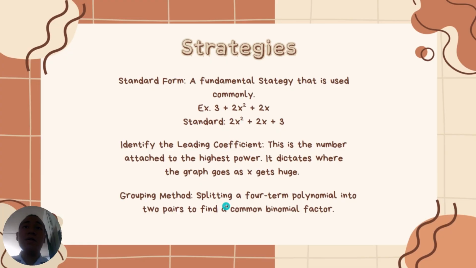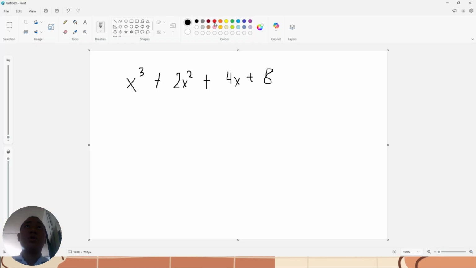It says here, splitting a 4-term polynomial into 2 pairs to find a common binomial factor. So you split them: this, this, this, and this.